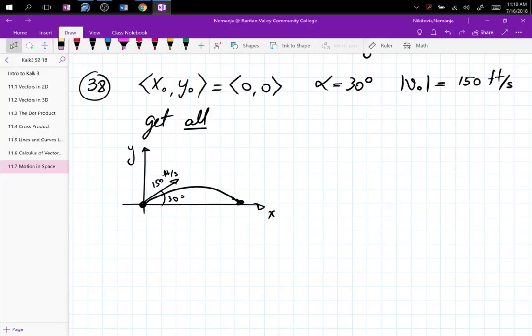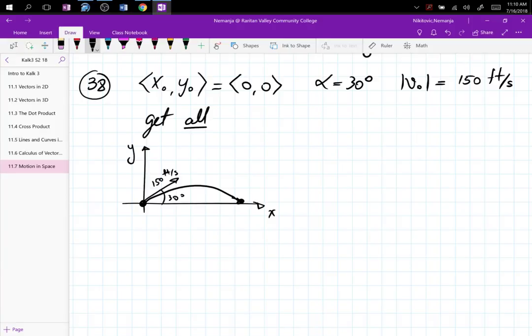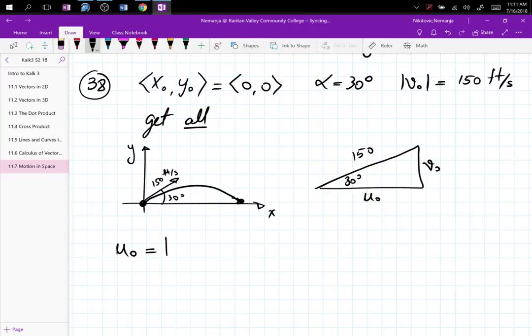So first off, if I draw a triangle like this, right, and this is 30 degrees, and I know this is 150, I can figure out the initial velocity u0, which is the x initial velocity, and v0, which is this velocity on the y. So u0 is the initial velocity given, which is our 150, times the cosine of 30 degrees.